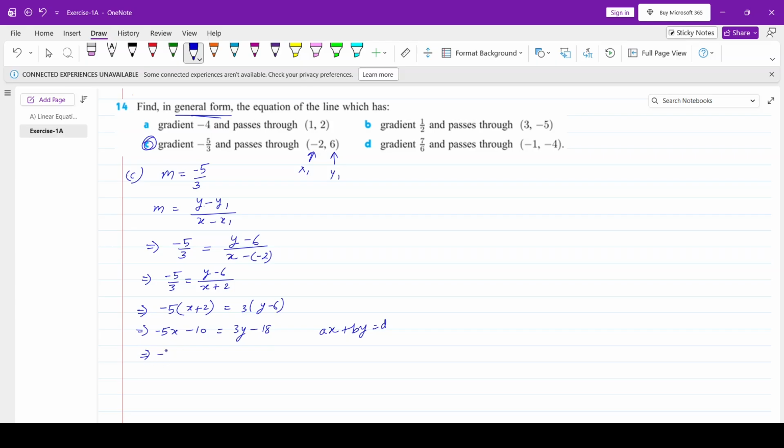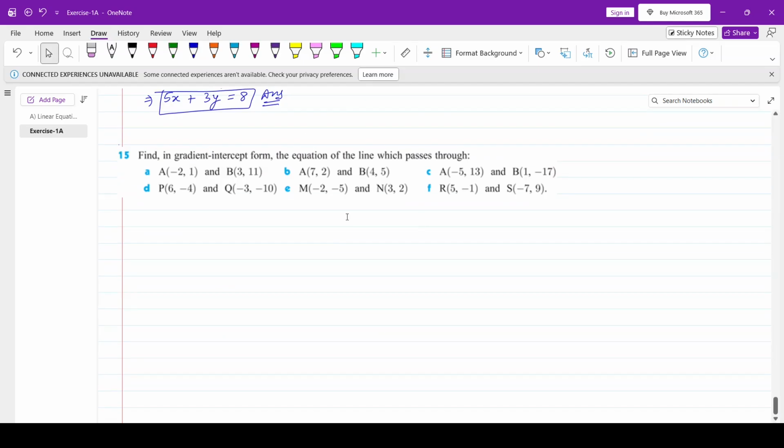So minus 5x, bringing 3y over to the left side will become minus 3y, and bringing this minus 10 to the other side will become plus 10. Minus 5x minus 3y is equal to minus 8. Multiplying both sides by minus 1, we'll get 5x plus 3y is equal to 8. This is our general form.